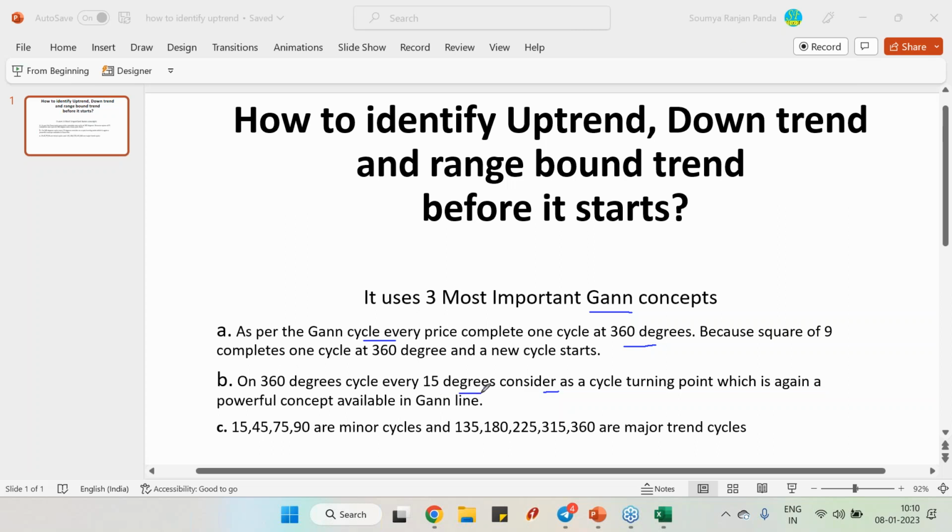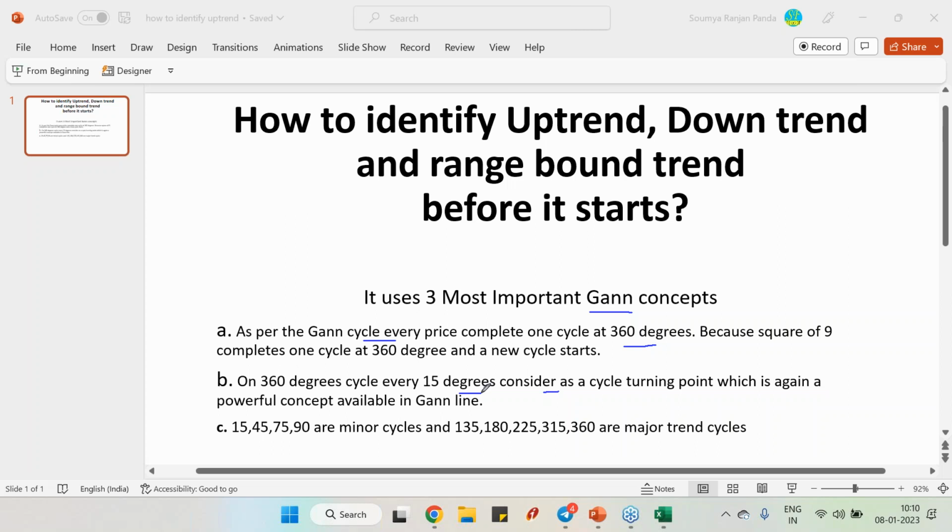Second, you are going to learn that every cycle has a turning point. There is no guarantee that a cycle will complete. We just know that this is a cycle, but whether it will complete, there is no guarantee. The cycle may terminate halfway, it may go completely and cross the boundary and go beyond one cycle, or it may go only 25% and terminate from there.